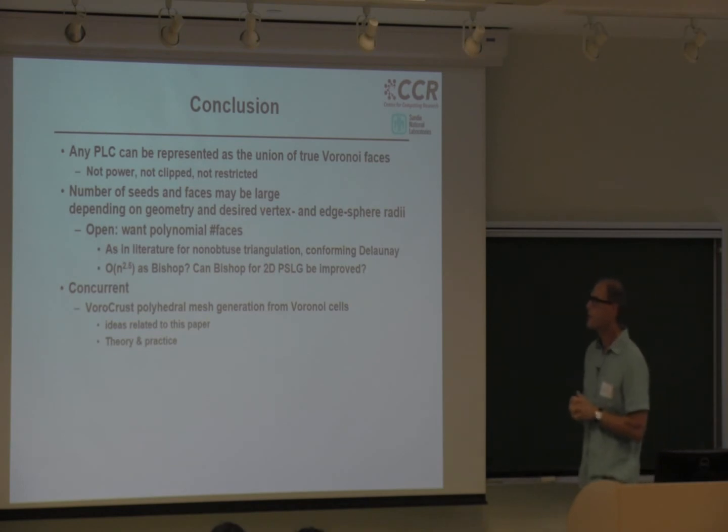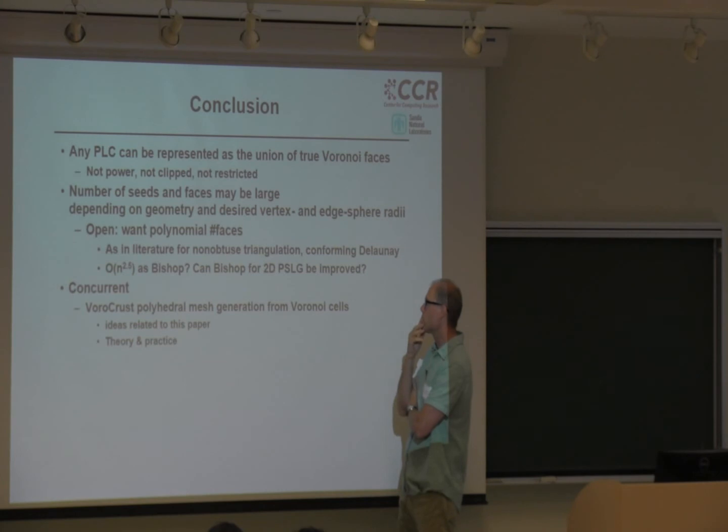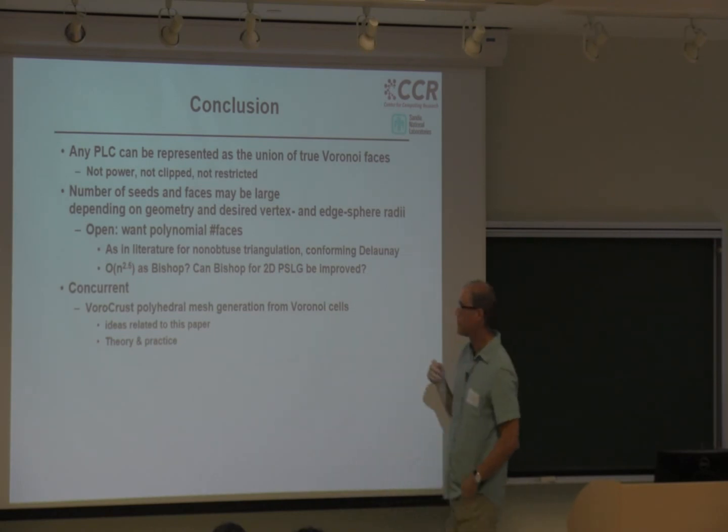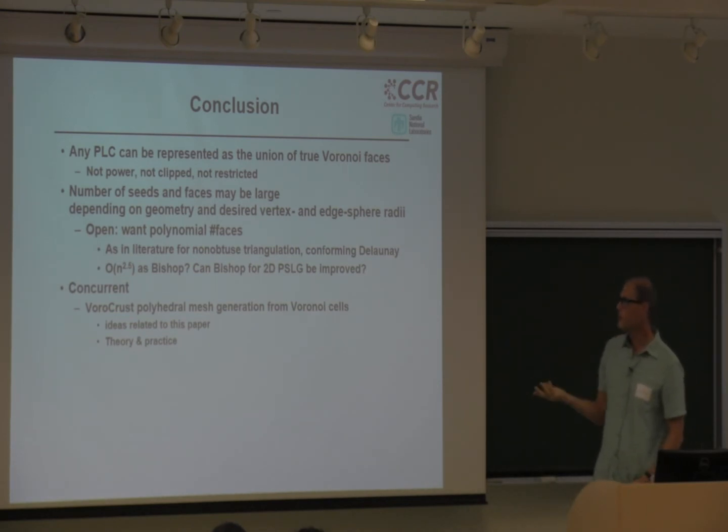So one of the open problems is, recently there was a result for 2D planar straight line graphs that you can divide those into a non-obtuse triangulation using n to the 2.5 vertices. And getting non-obtuse is one step in our refinement, so we're not going to do better than that until that bound is improved as well. All right, that's it.